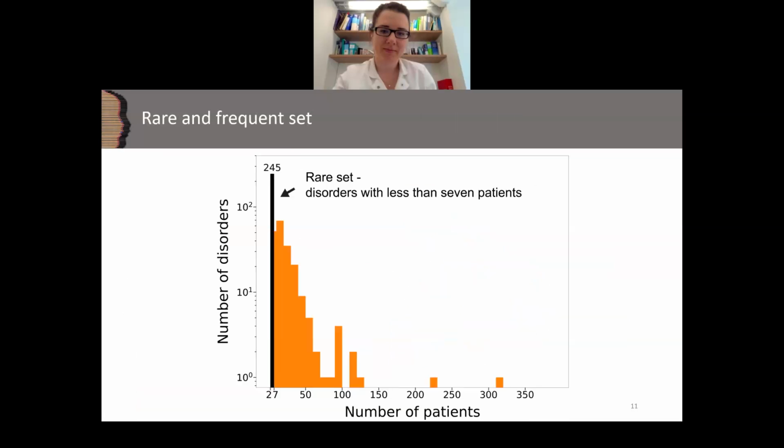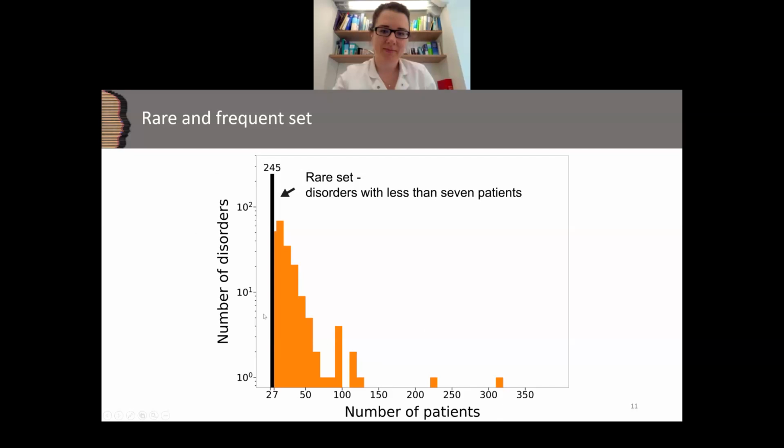Before I report some of the accuracy to you, I will first introduce the extremely biased distribution in this field. This is the distribution of the disorders in the data set we have. The x-axis is how many patients a disorder has, from 2 patients to 350 patients.